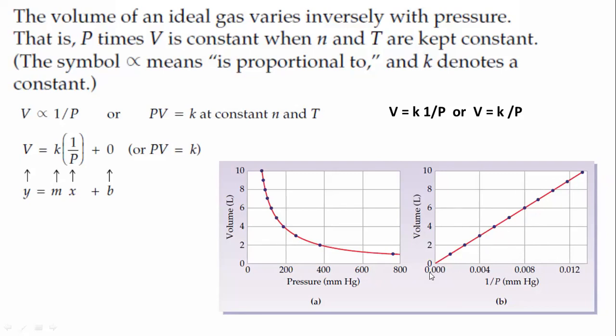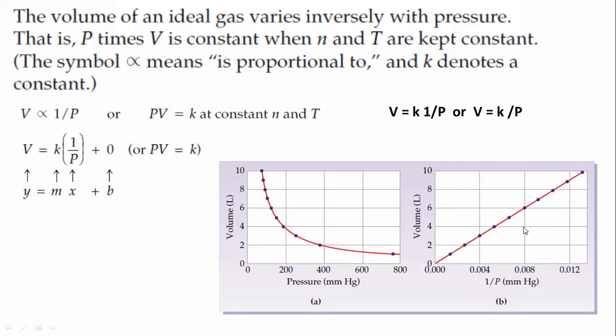If you have a straight line passing through the origin with a positive slope, that means this gas is following Boyle's law. And if it is following Boyle's law, of course, this would be an ideal gas. So that is the final remark on this graph.